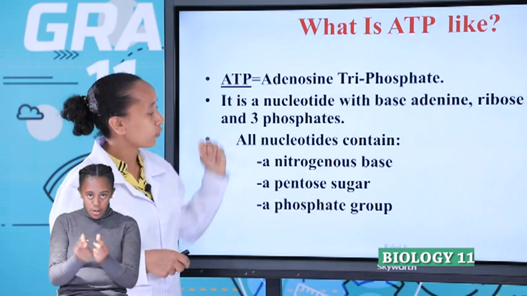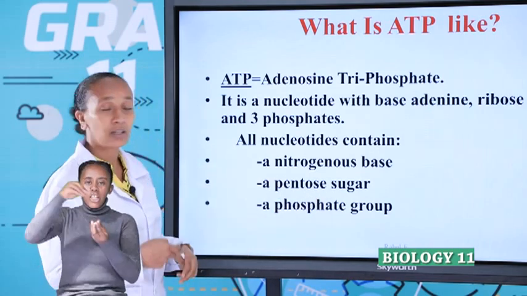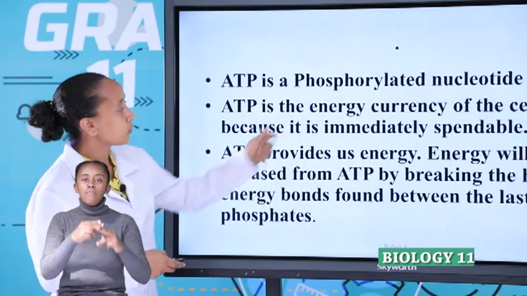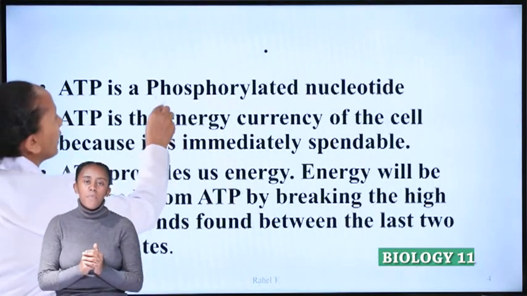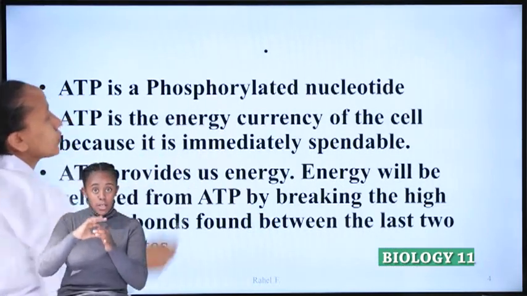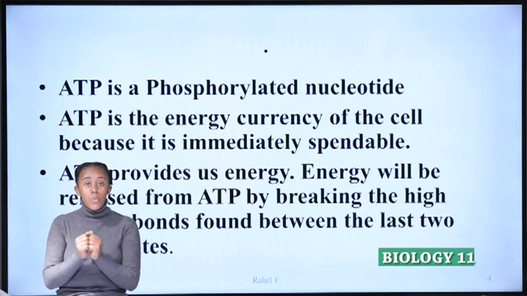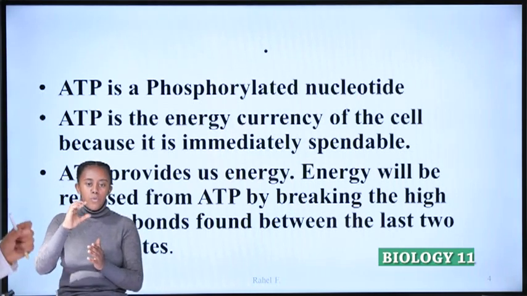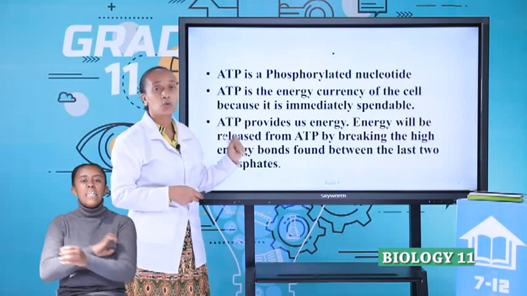But in case of ATP, it has additional phosphates, and for this reason, ATP is known as a phosphorylated nucleotide. A phosphorylated nucleotide means a nucleotide with extra phosphates. In addition to this, ATP is also known as the energy currency of the cell.